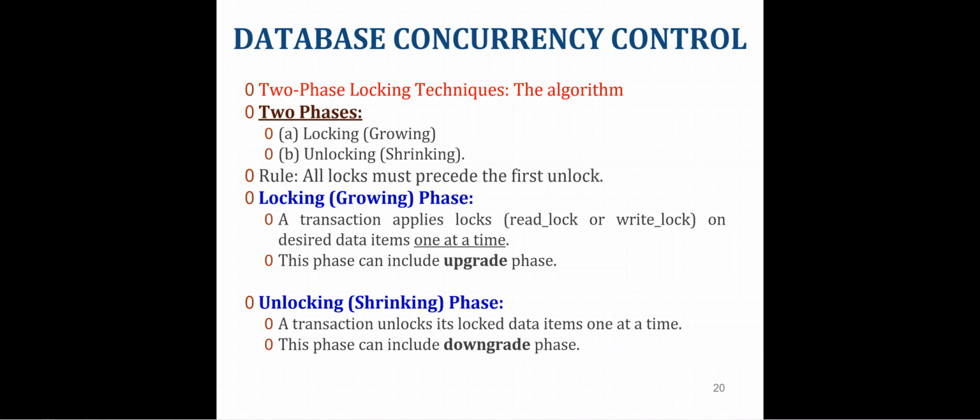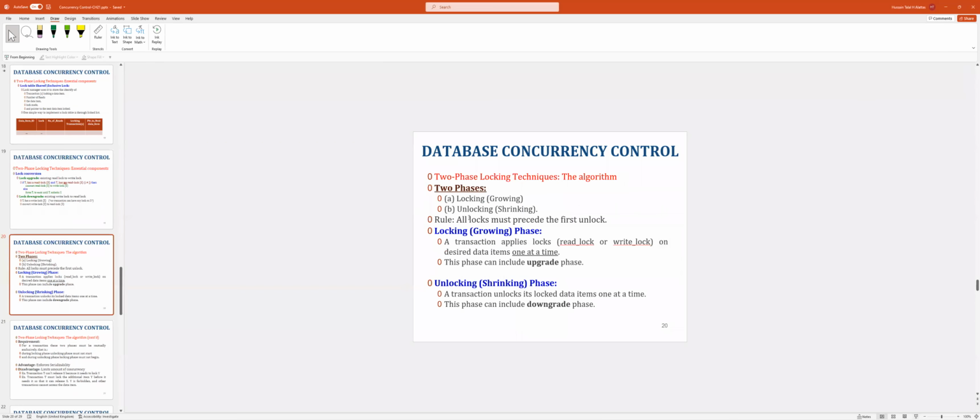So because of that, it's called growing and shrinking. Let me show you. This is, let's say, the timeline, and here is how many items you've locked, okay?